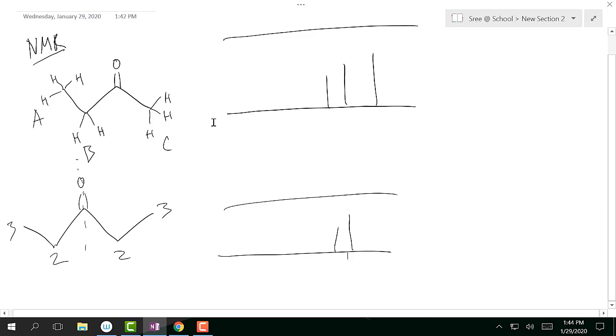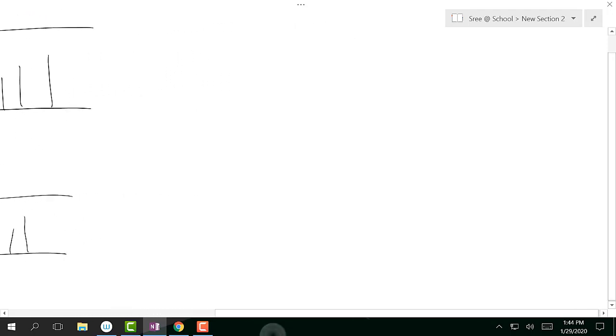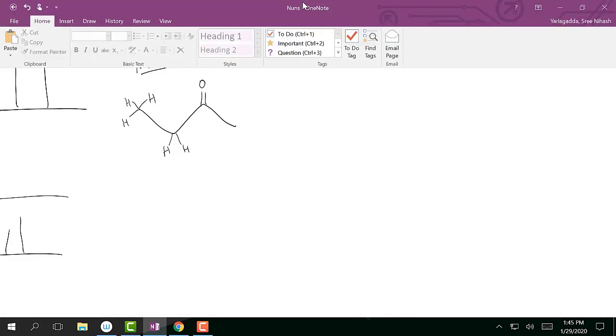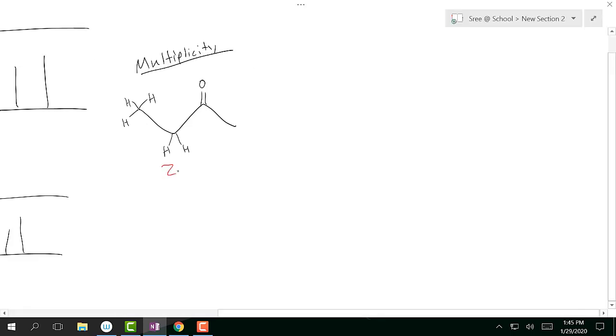So something called multiplicity. Let's use that example again. So these 2 hydrogens are neighboring 3 other hydrogens. I'll use red for the number of hydrogens, 3, and then blue for the number of neighboring. So these 2 hydrogens are next to 3 other hydrogens.